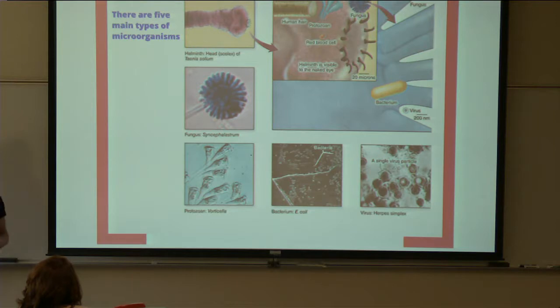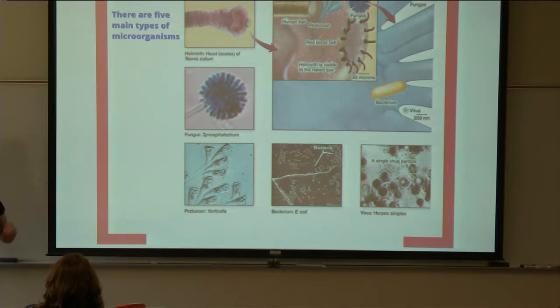Okay, why do we study them in this class if they're animals and you can see them with the naked eye? What about them is infectious? What are the chances of you coming in contact with a 10-foot tapeworm? Not really likely.